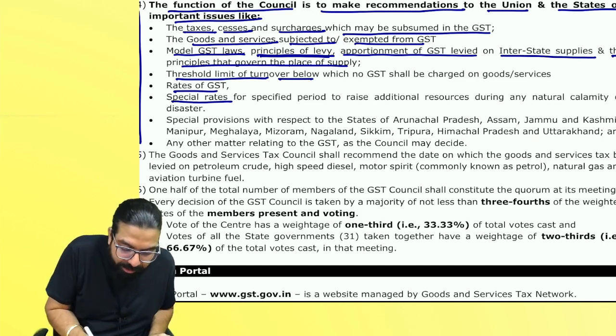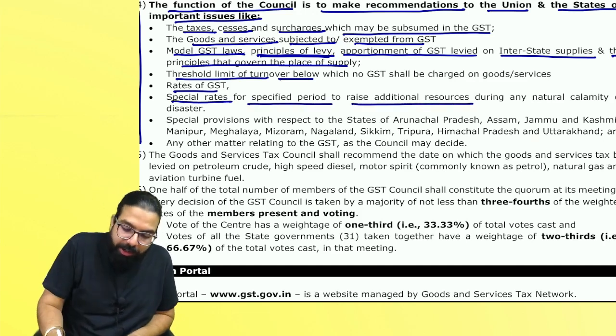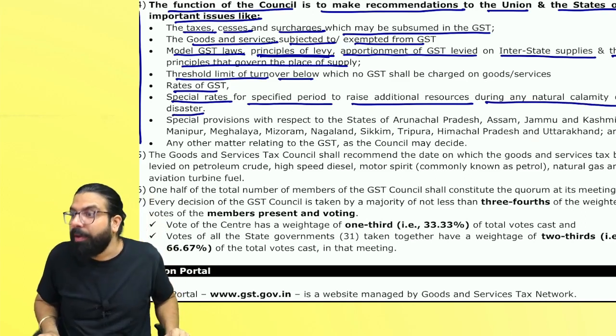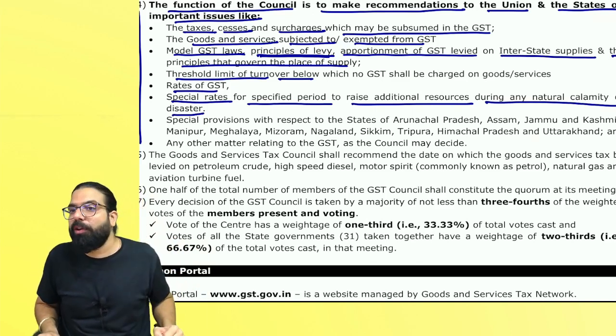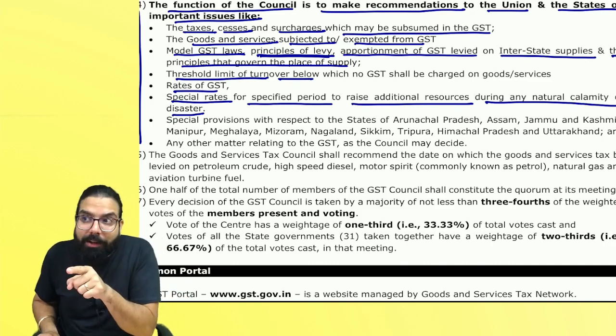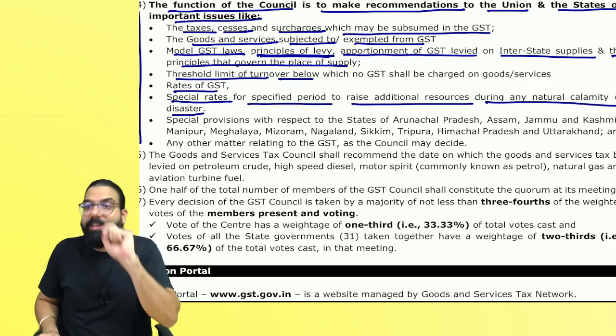The next one is a special rate for a specified period to raise additional resources during any natural calamity or disaster. For example, there was a flood in Kerala. After the Kerala flood, they said that whenever goods are sold in the state of Kerala, you can collect a Kerala flood cess. Any tax on goods and services is what, everyone? GST, correct or not?